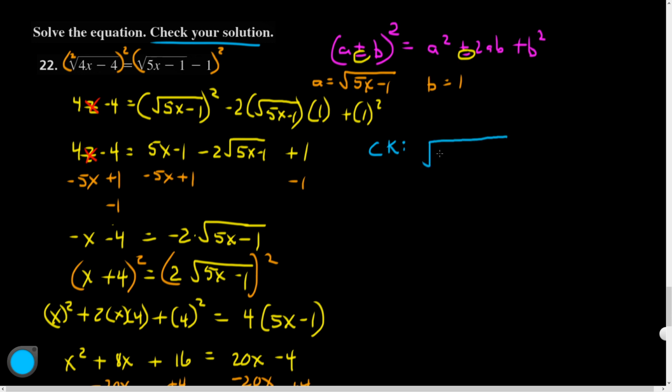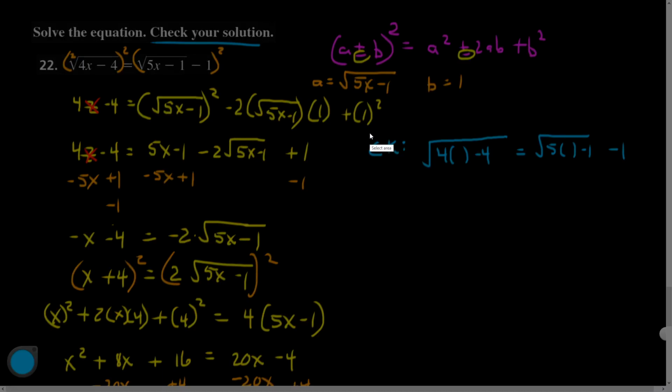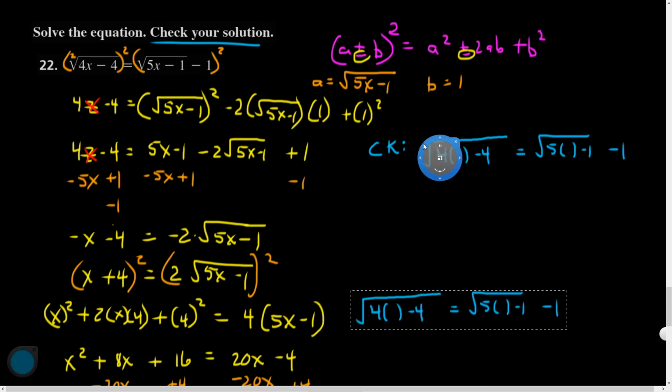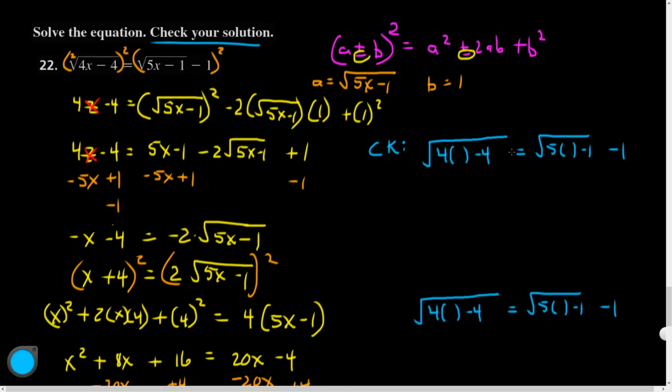And so I'm going to plug in square root of 4 times x minus 4. Is that equal to the square root of 5 times x minus 1 on the outside? I've got to plug in both of those quote-unquote answers and do a check twice.